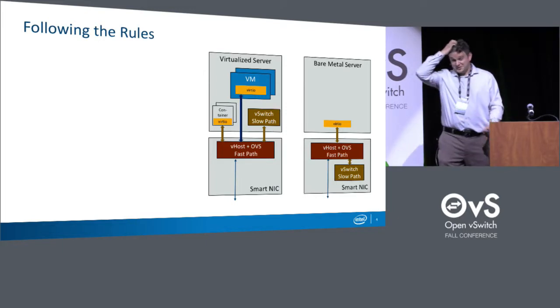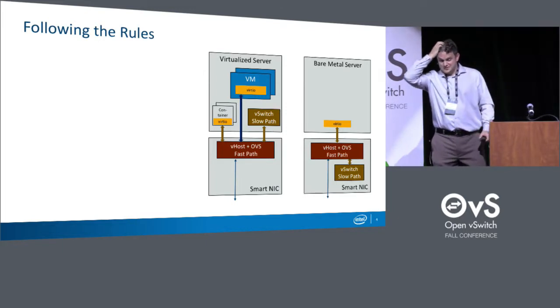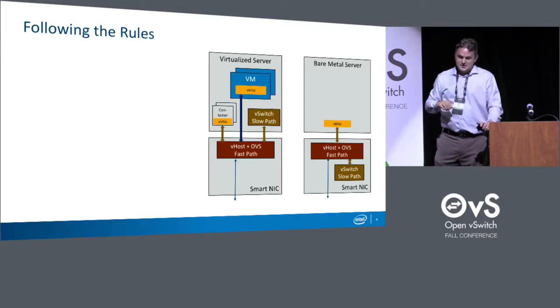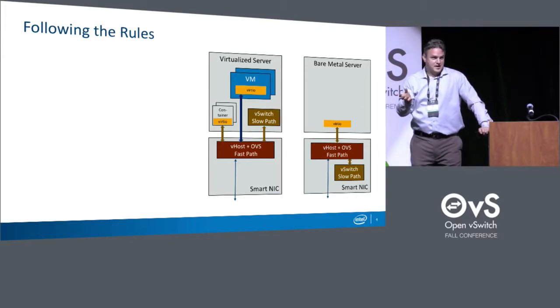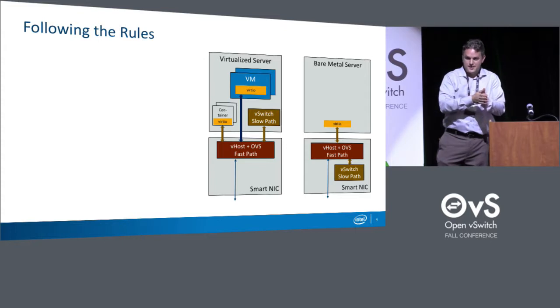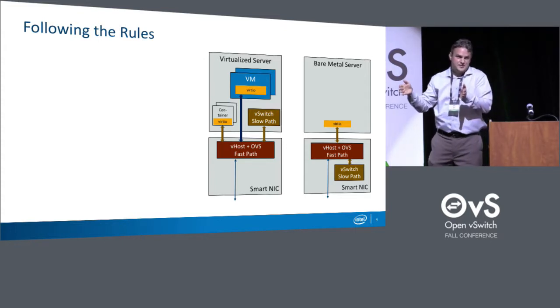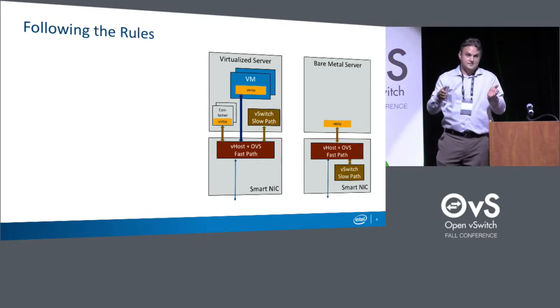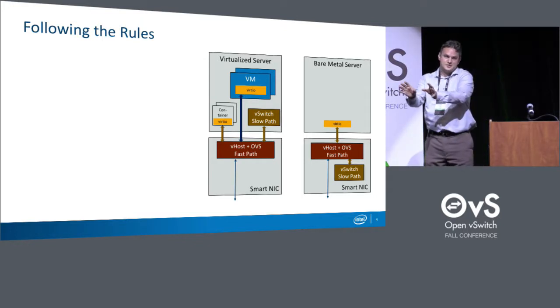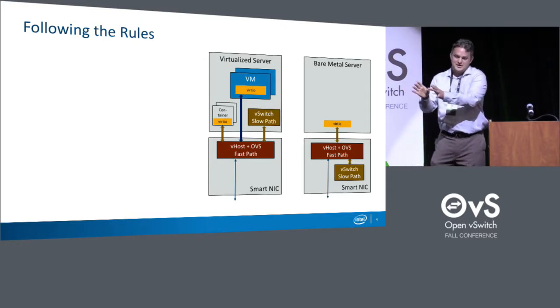So how do we follow the rules? There's only 2 of them, so let's see. Another interesting use case of this hardware offload is that we can support both a virtualized server that might be chopped up into little tiny pieces and sold individually, or, as a lot of cloud vendors are doing, selling the entire server, like the whole chicken.